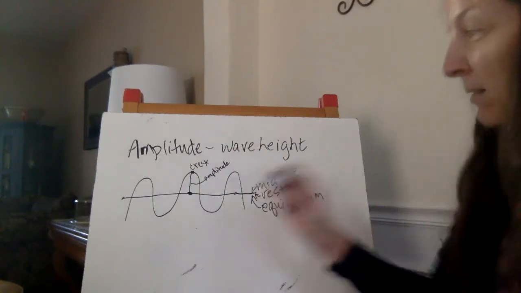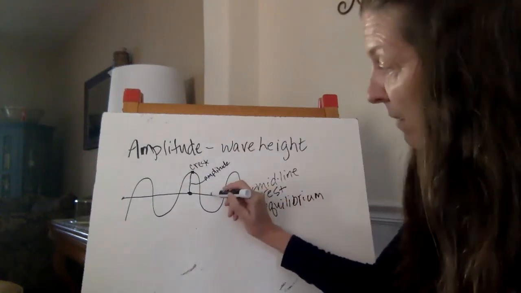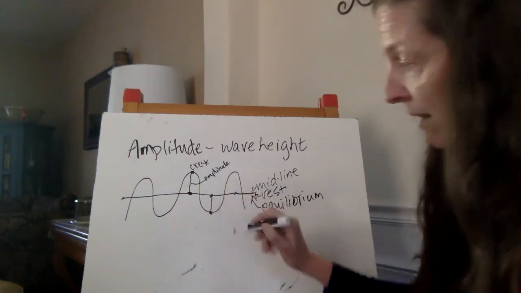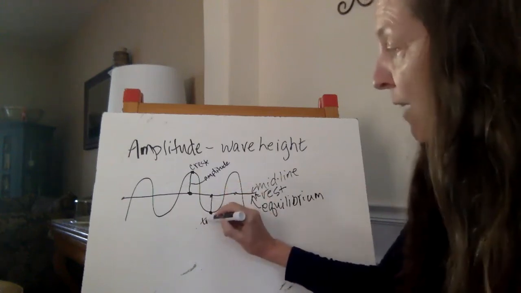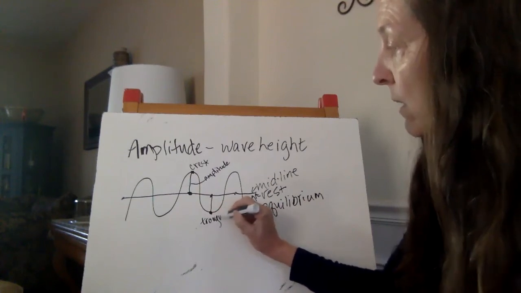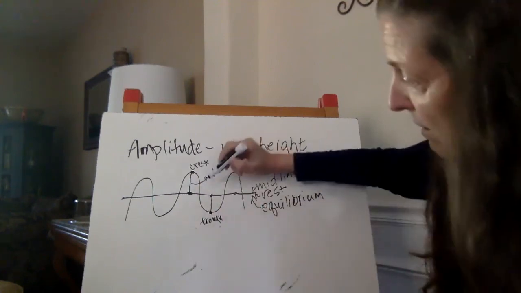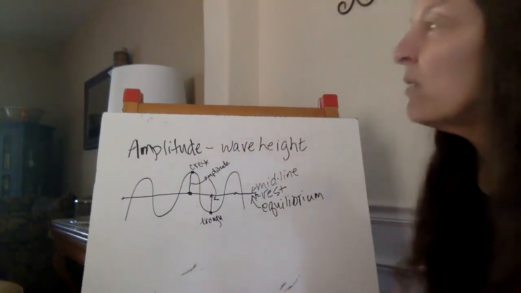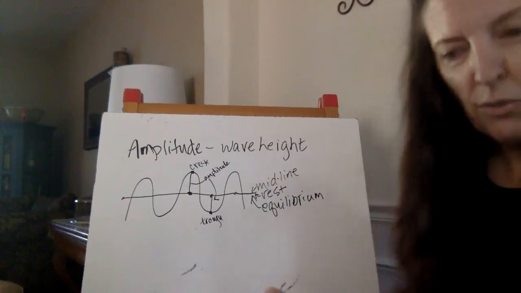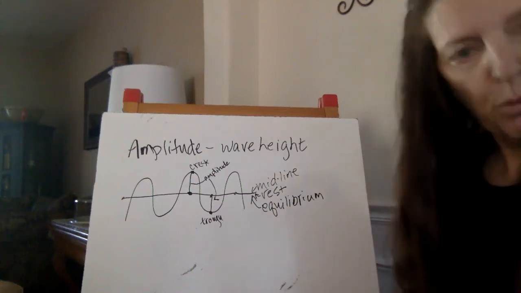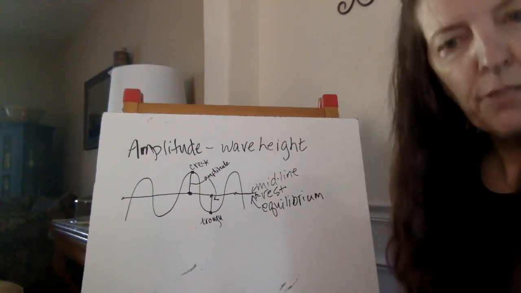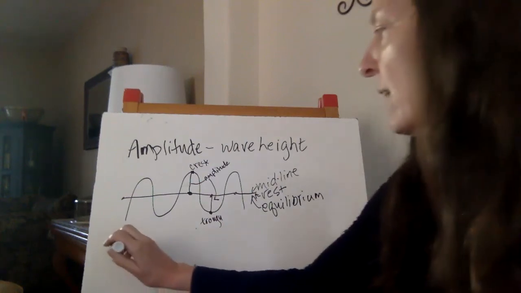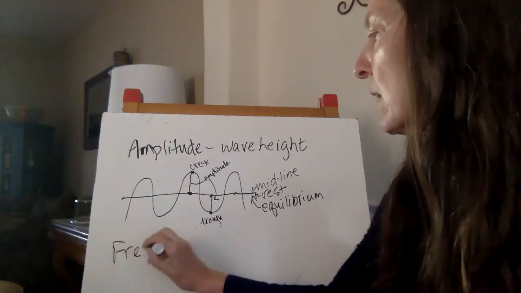But because that's the midline, it's the same if you measure from midline to the bottom, to the trough. So that's amplitude. So is that. And when you measure it on a wave, you actually just measure it. Like if we were in school, you would measure it with a ruler, use centimeters, okay? That's amplitude.